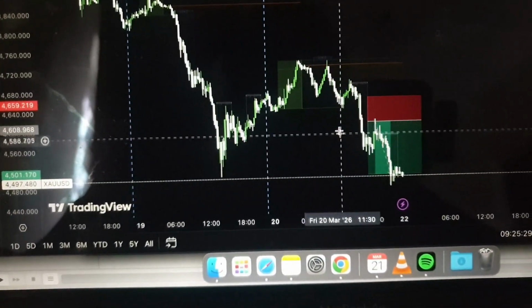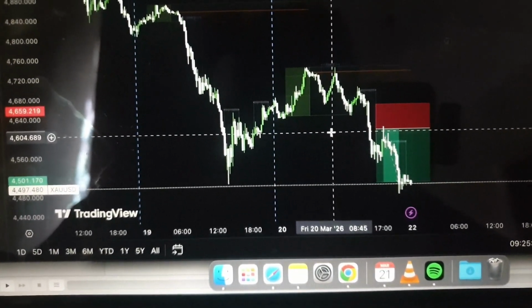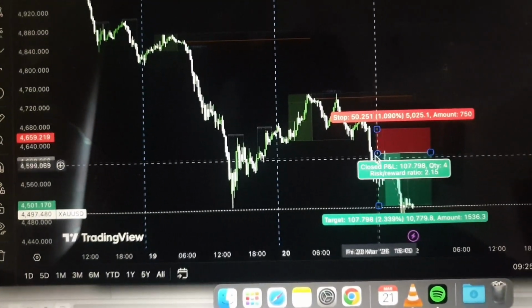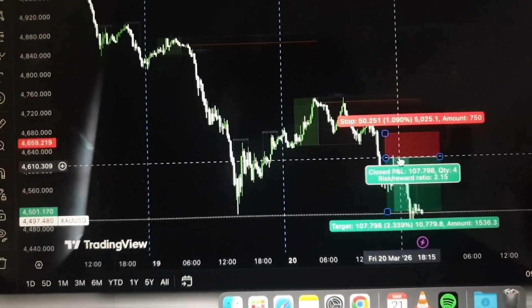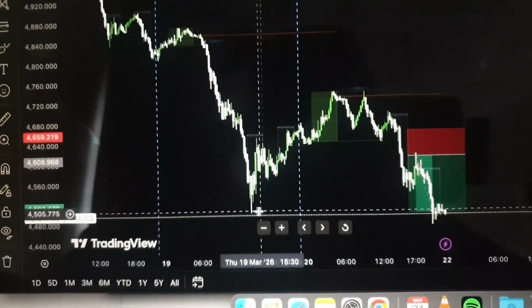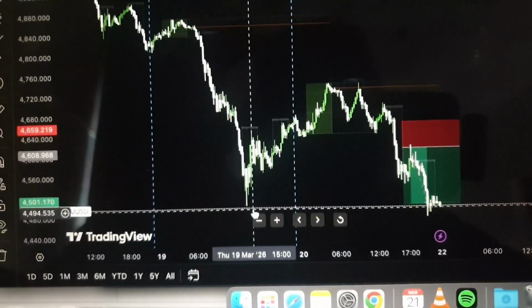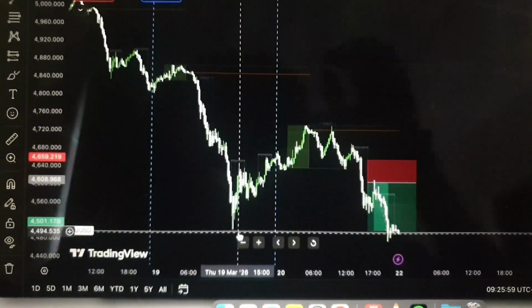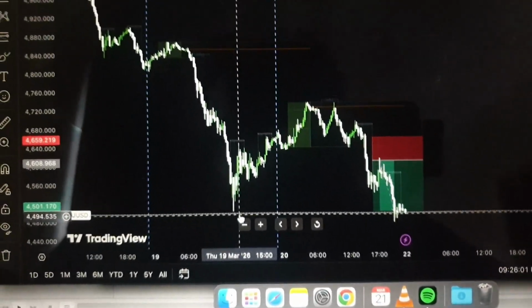Immediately it retraced back to this fair value gap. I decided to short it and see the results. I took my profit when it took this low. So that was that.